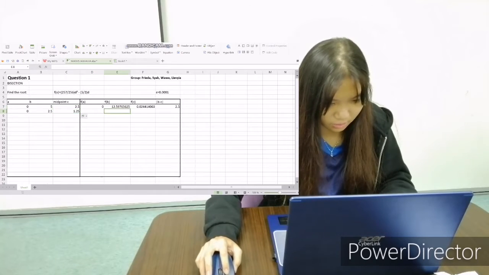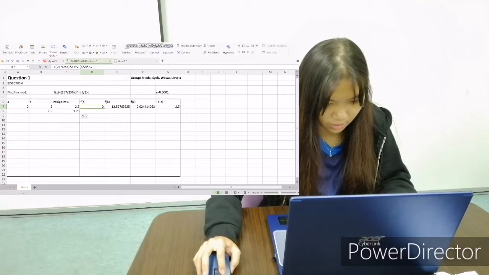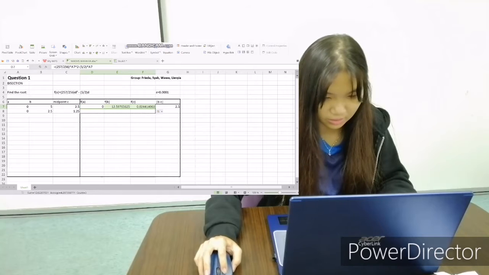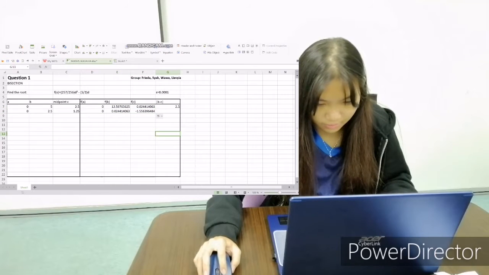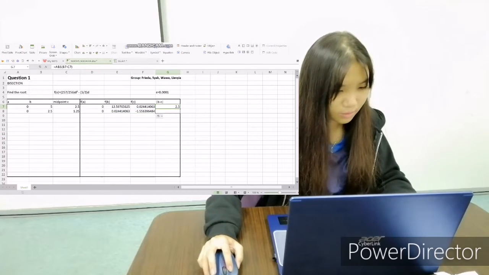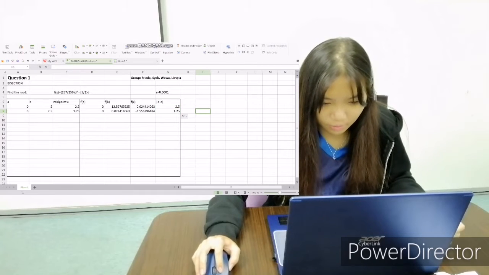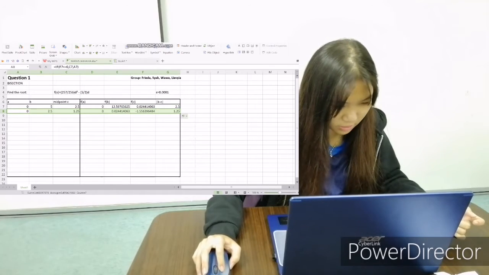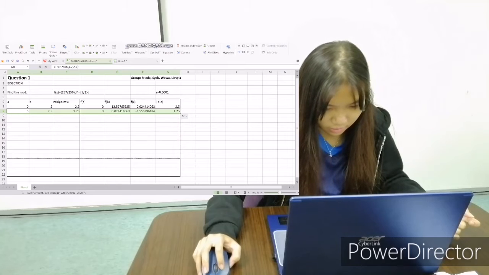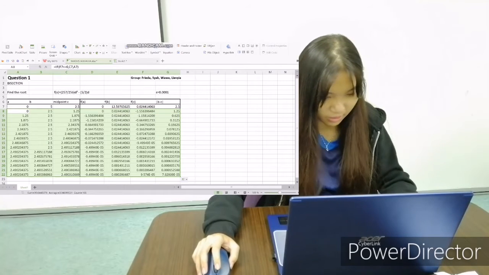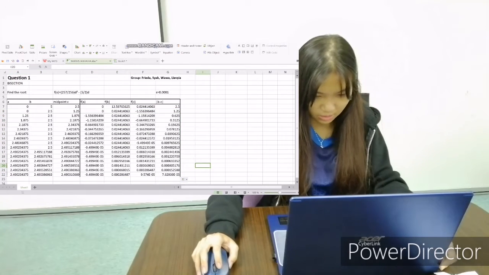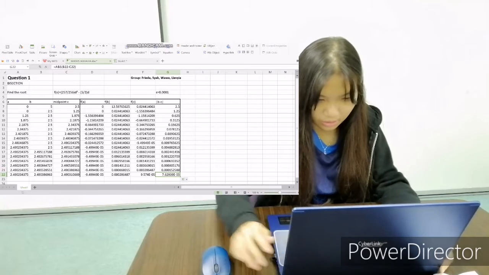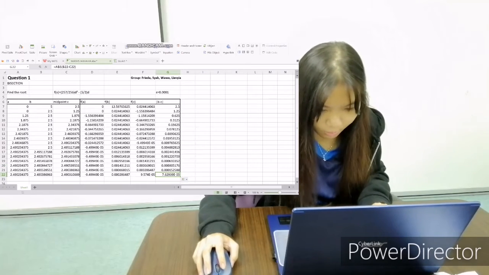As for the others, we can just pull all of them down to get the next answer. Once we have a complete row, we just pull it down until we get the step size smaller than 0.0001.